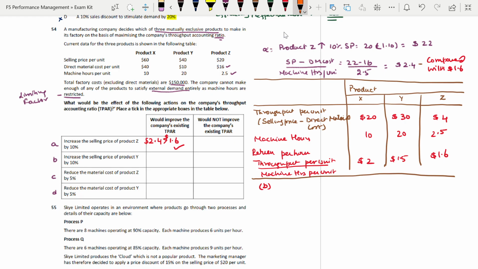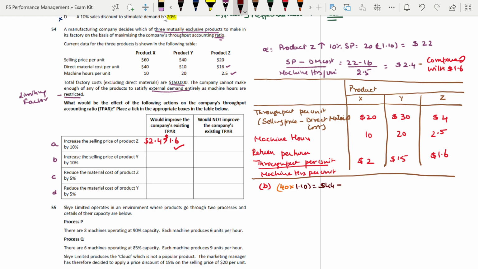The selling price of product Y is 40, and 40 times 90% is 36. Sorry, it is not decreased, it is increased. So it is 1.1, and it comes to 44.